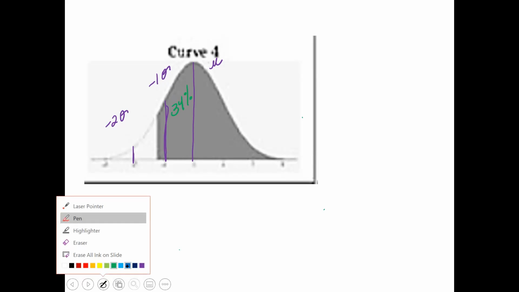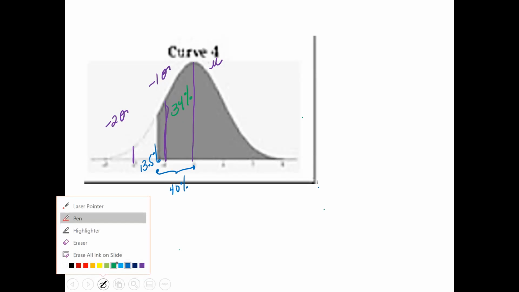Actually, that's not 1 here, sorry. This is going to be minus 1 standard deviation. This is going to be minus 2 standard deviations. And then remember, if it's just this piece right here, it's 34%. And after that 34%, it is 13.5% for the next side.